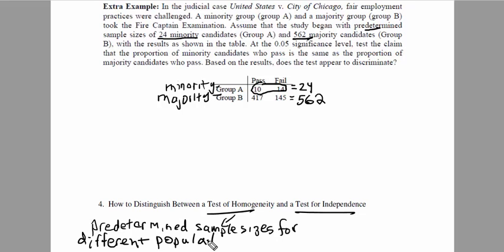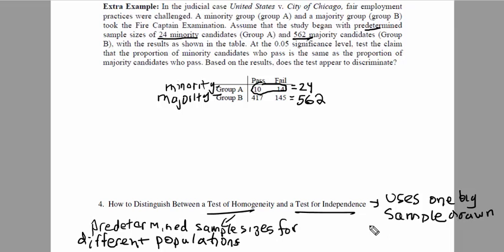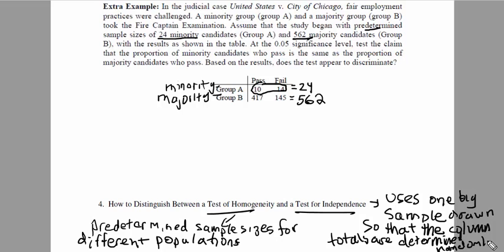And the test for independence just uses one big sample which is drawn so that the column totals are determined randomly, rather than being predetermined like the 24 and the 562 were.